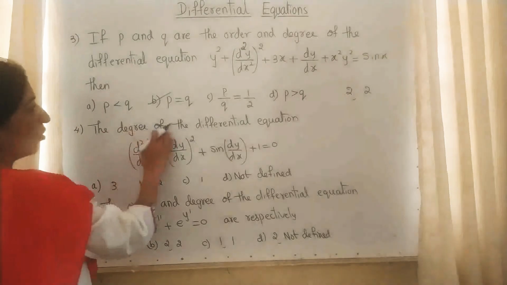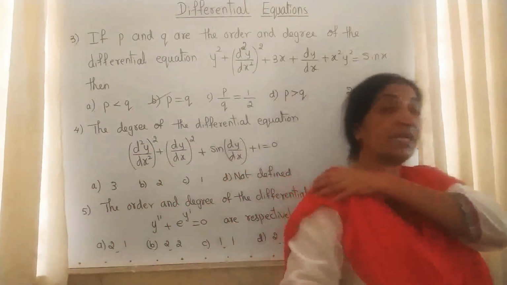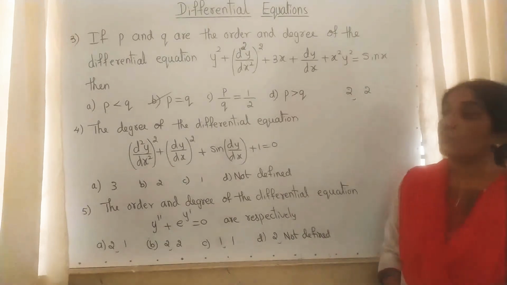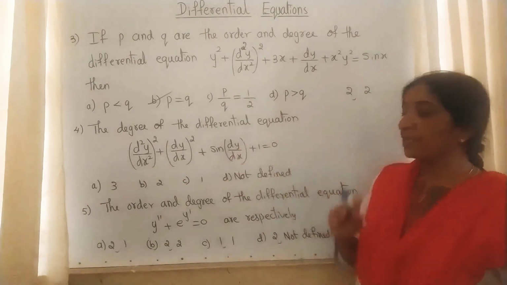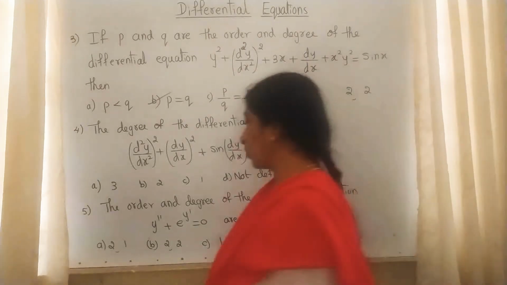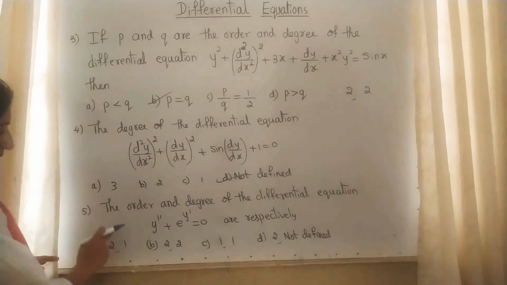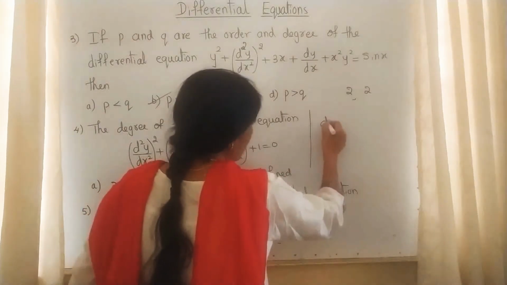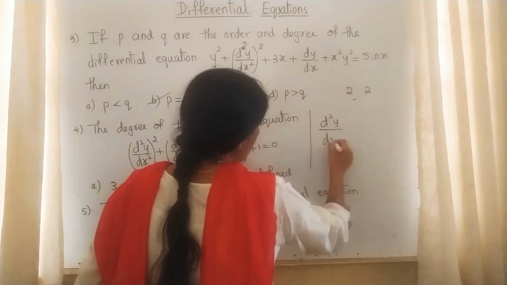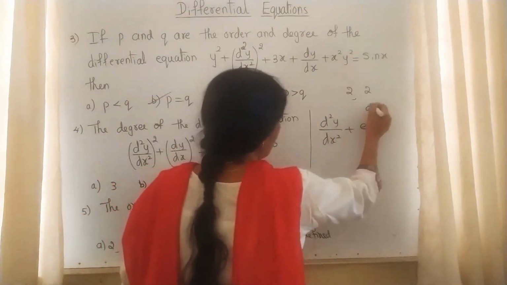Next, the degree of the differential equation. As I told you, no value should depend on dy upon dx when you are writing a degree. Here, sin is depending on dy upon dx, so you cannot write the degree. Degree is not defined. And see this equation, y double dash is d square y upon dx square plus e raised to dy upon dx.